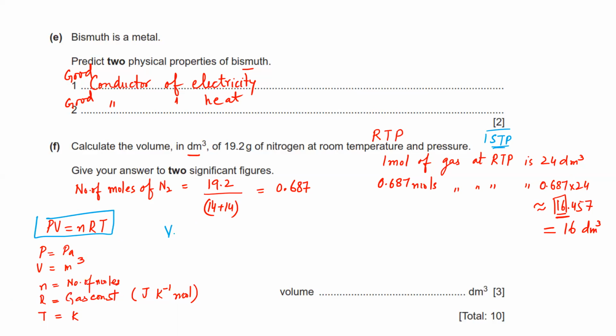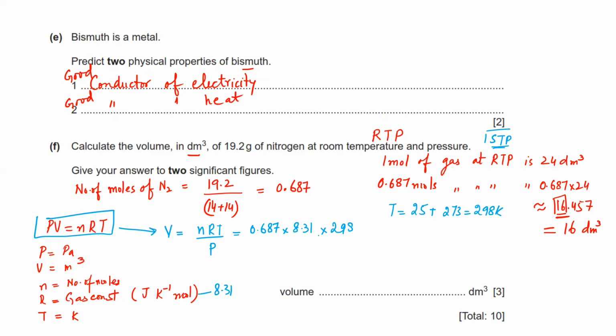So we have to find volume. From this formula, the volume will be nRT divided by P. The number of moles we have is 0.687. R, the gas constant, is 8.31. Temperature at room temperature is 25 degrees centigrade, plus 273, which comes out to be 298 kelvins.